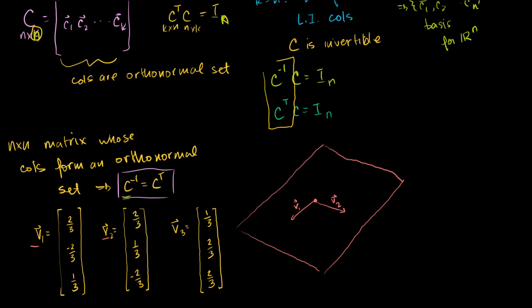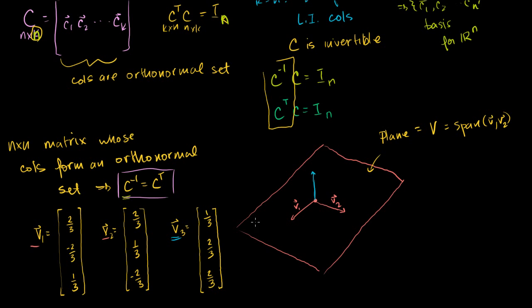And let me just call this plane some subspace V in R3, which is equal to the span of v1 and v2. Now, v3 is orthogonal to both of these, so let me just draw v3 here for fun. It's orthogonal to both of these vectors, so it's going to be orthogonal to all of the linear combinations of these.